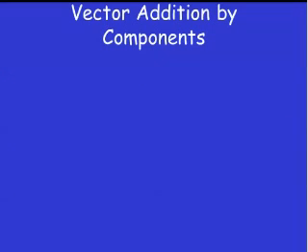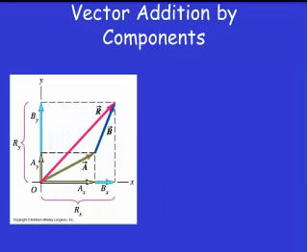Now, what we're going to do most of the time when we add vectors is we're going to add them by components. And just to give you a conceptual picture of what's going on, if we want a plus b, then we can think of it as taking the x component of a, adding it to the x component of b, taking the y component of a and adding it to the y component of b, then resolving those x and y components into r theta notation.